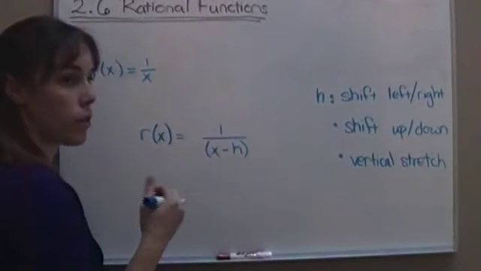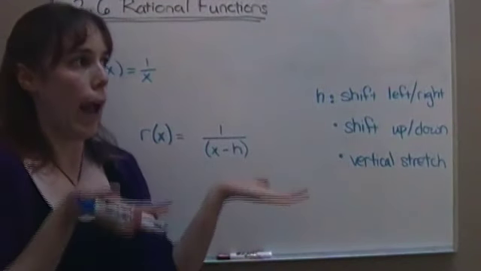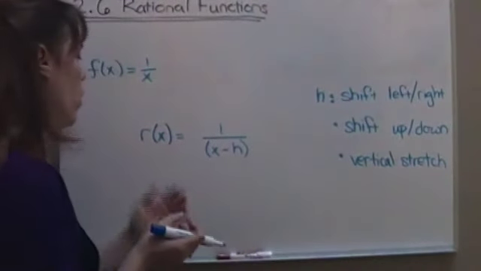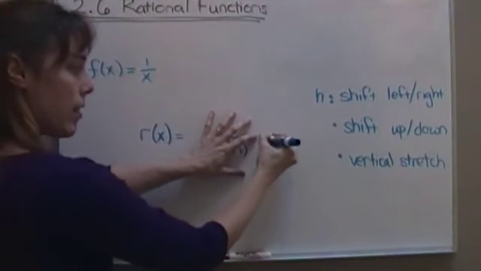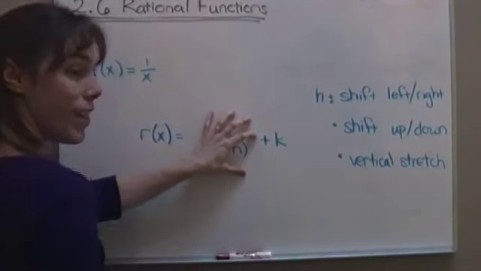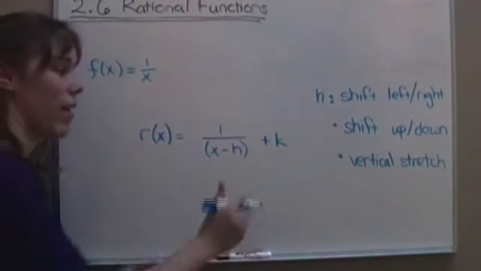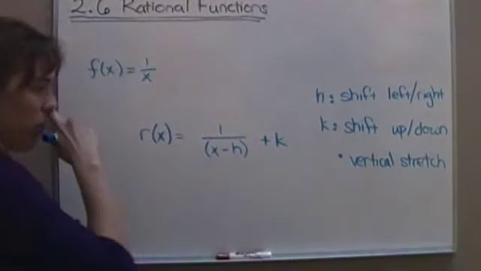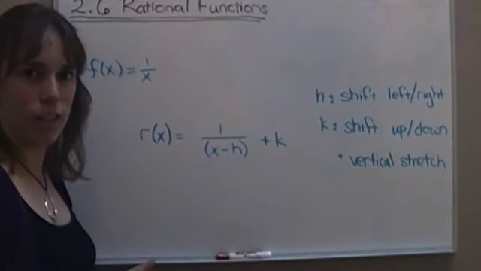Say you wanted to shift up and down. That's the one where you take your y values and you add 3, or you subtract 6, or something like that, right? So if I take my function as it is, and I add something to it, say k, then my function is going to shift up, or it's going to shift down k units. And if I want to make the thing stretch, right?